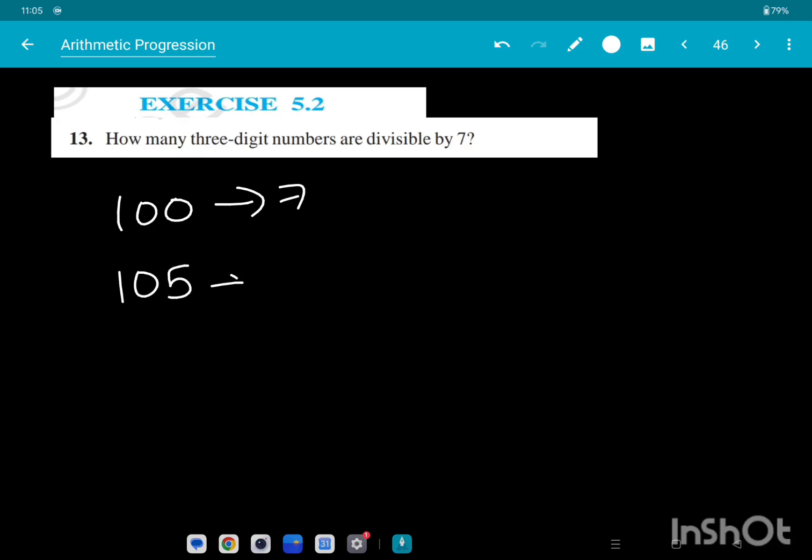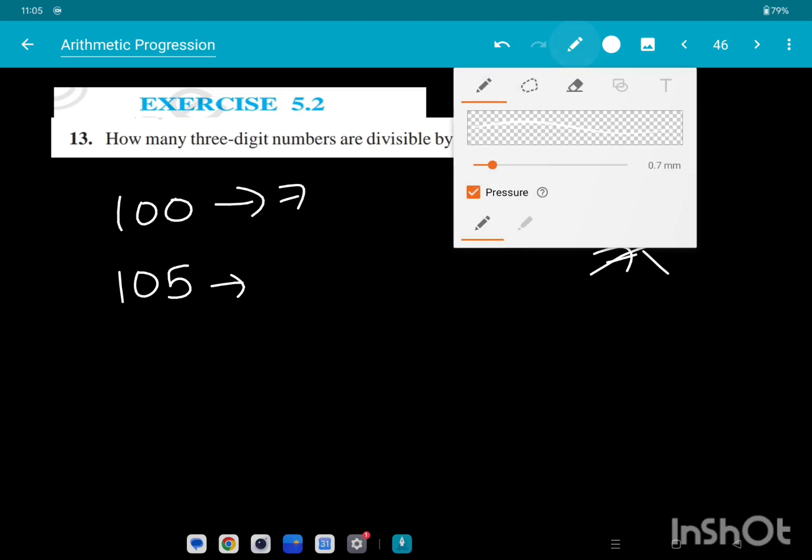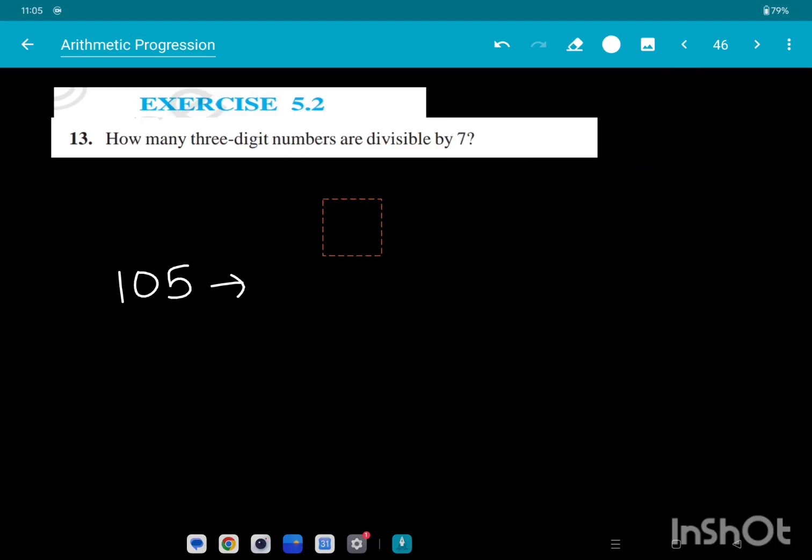It is 105, right? 7 1s is 7, 7 5s is 35. So the first 3-digit number is 100, but the first 3-digit number divisible by 7 is 105.